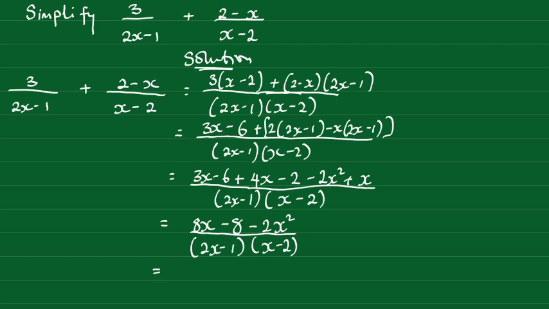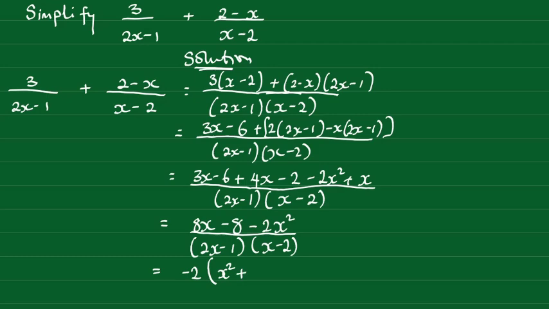However, we should factor out minus 2 and rearrange our numerator to make our work much easier. We factor out -2 and rearrange our numerator. So we have a bracket open, x squared, and we make the 8x.